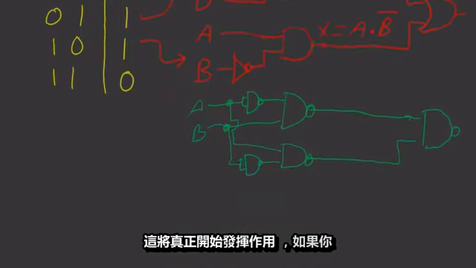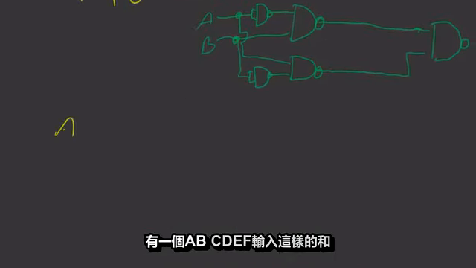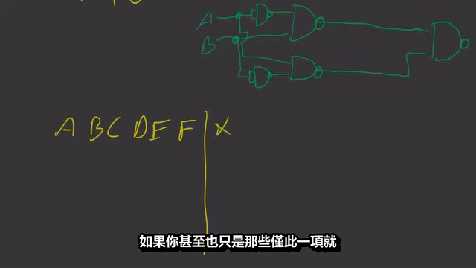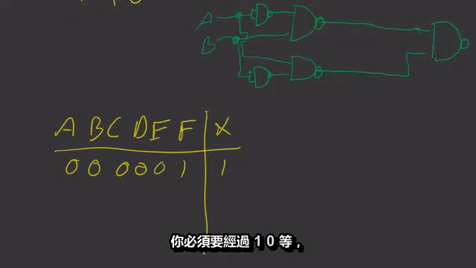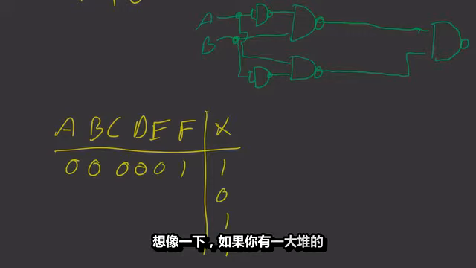So this would really come into play if you had A, B, C, D, E, F inputs like this. Just those alone would produce a massive truth table. Imagine if you had a whole bunch of those, the expression can end up being absolutely enormous.